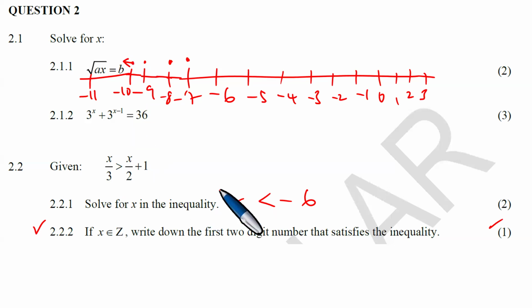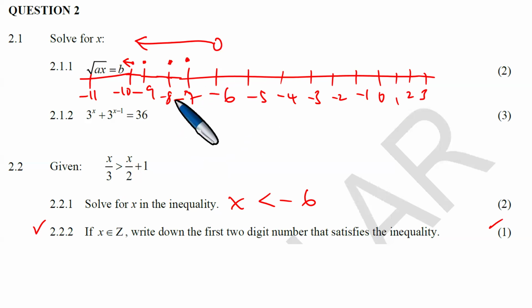The pattern goes on, but you are marking the dots. You are marking the integers. Obviously, if these are not integers, then you're going to sketch like this. Now we're asking the question: write down the first two-digit number that satisfies the inequality. Which one satisfies the inequality here?